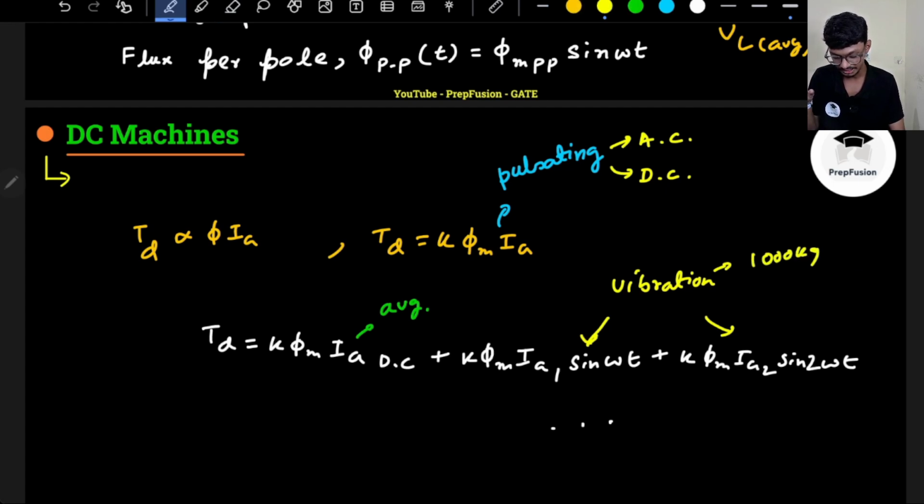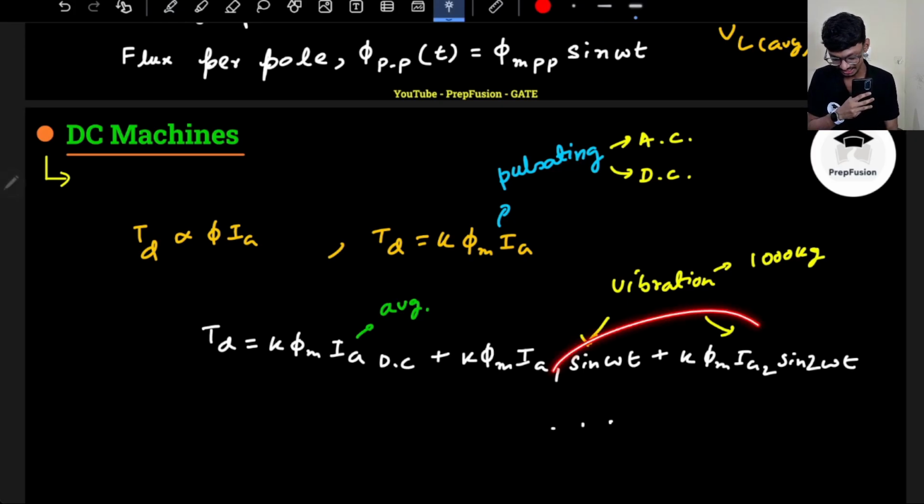I am very weak, that's why I was able to rotate this so easily. But let's say a 1000 kg object is there and these kinds of vibrations are happening. Will that object allow it? Inertia won't allow it, because it is so heavy. You will only feel a slight vibration; other than that, you will not be able to absorb this torque.